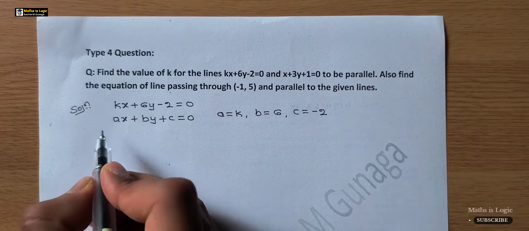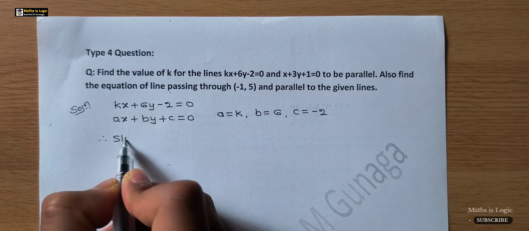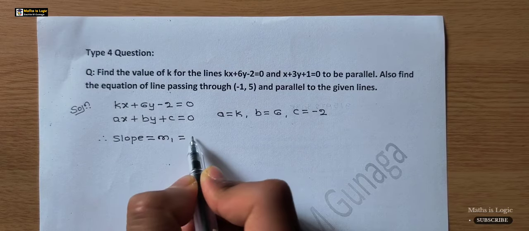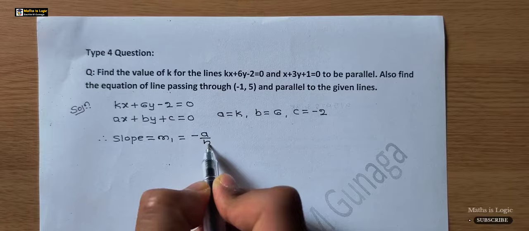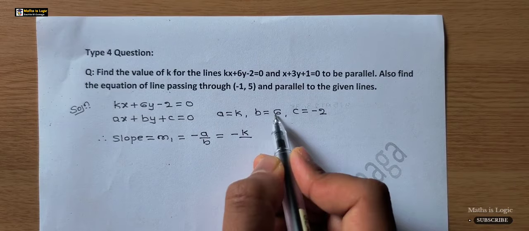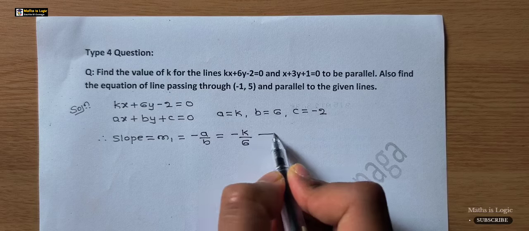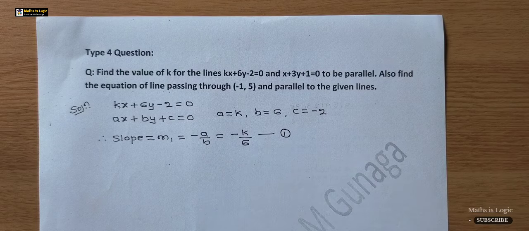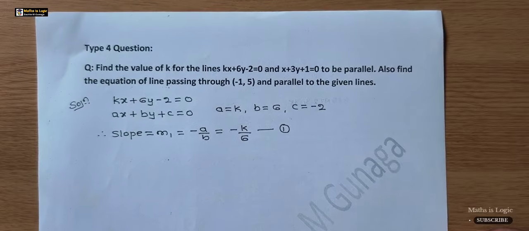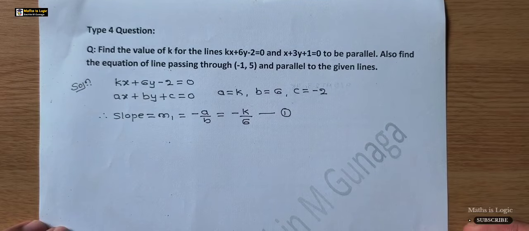Now find out the first line slope. Therefore slope m1 is equals to, formula is minus a divided by b. So minus a is k divided by b is 6. This I am going to call equation number 1. So you got m1 value, that is first line slope.